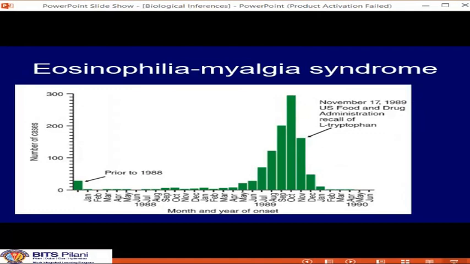Where the arrow mark is put on the graph in 1989, the FDA, the Food and Drug Administration of the US, banned L-tryptophan sales. The moment that was banned, the cases came down dramatically. So withdrawal of the exposure seemed to suggest a decrease in disease, suggesting that perhaps L-tryptophan was a causative factor in eosinophilia myalgia syndrome.